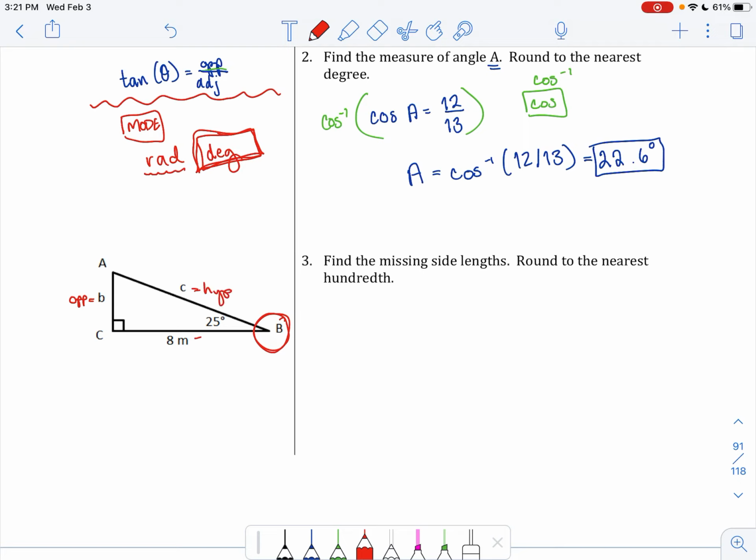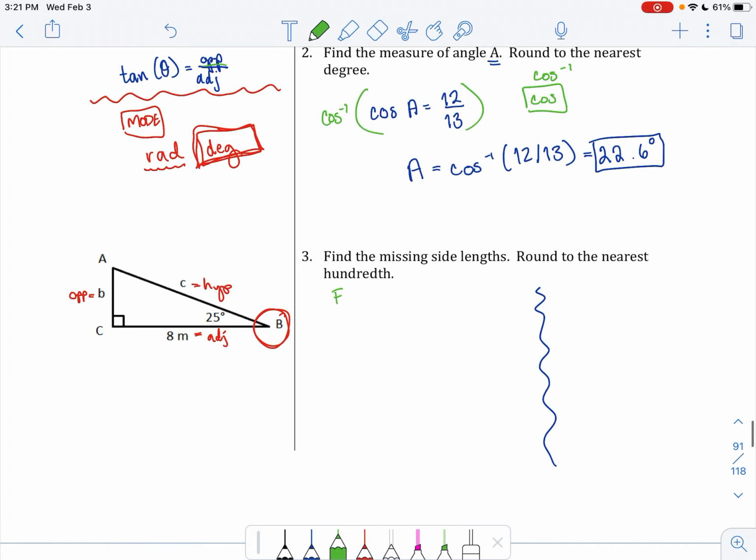Now, to find each of these, because we know the opposite here, in order to find side B, this is the adjacent, I apologize. In order to find side B, if that's my goal, well, B is the opposite and we know the adjacent. So to find B, I'm going to use the tangent of B is equal to opposite over adjacent, 8.